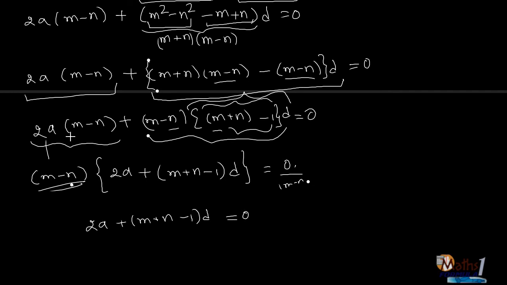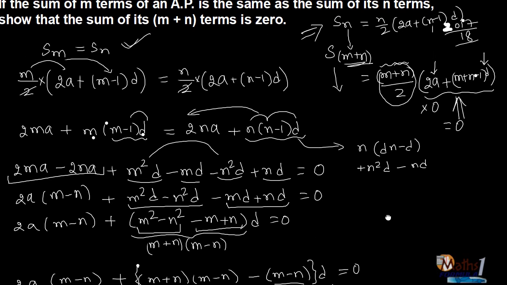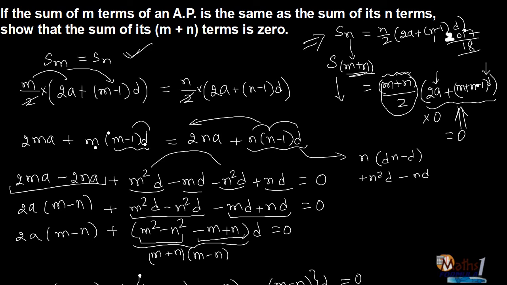Let's go back and see whether this is what we had written in the first place. If you look at this, this is what we had written in the first place. 2a + (m + n − 1)d, we got this part as 0, so 0 multiplied by this is actually going to be 0. So that's what we need to prove.